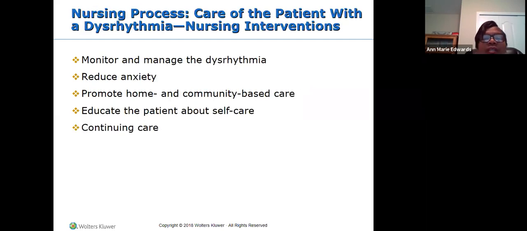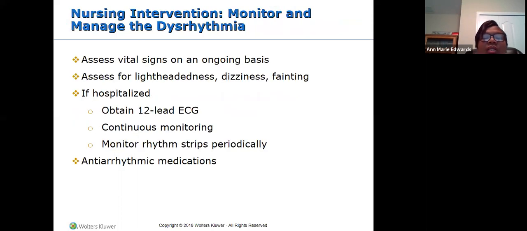Now, care of patients with dysrhythmia. Your nursing interventions: you monitor and manage them. You'll have to do their vital signs and monitor their ECG. They're going to be anxious, so you institute measures to reduce anxiety, promote home and community-based care when they're going home, and educate them about self-care, what they should avoid, and continuing care.